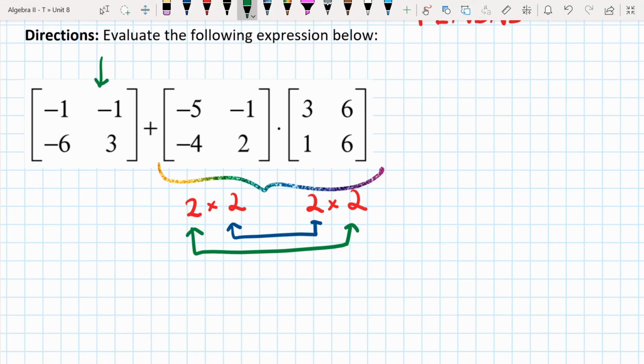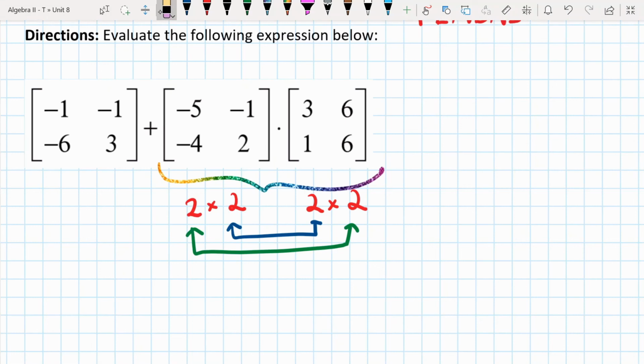Sometimes I will try to trick you guys, and I'll give you an expression that you can't actually evaluate, just so you understand how the dimensions work when you're performing this arithmetic. So when you're doing addition, the matrices have to have the same exact dimensions. With multiplication, not always, it's a little bit different, okay?